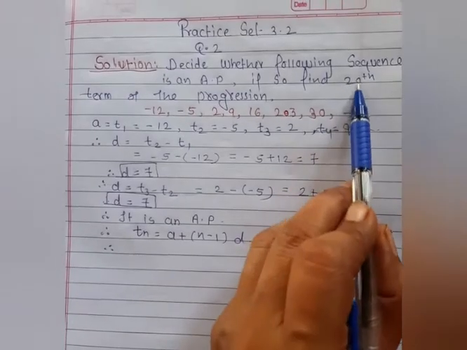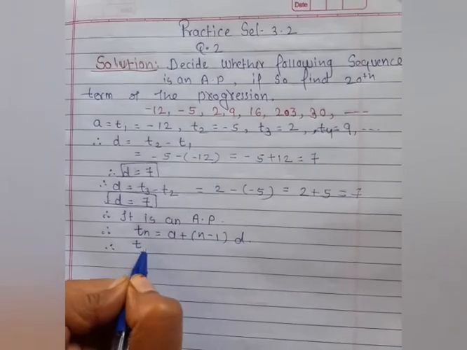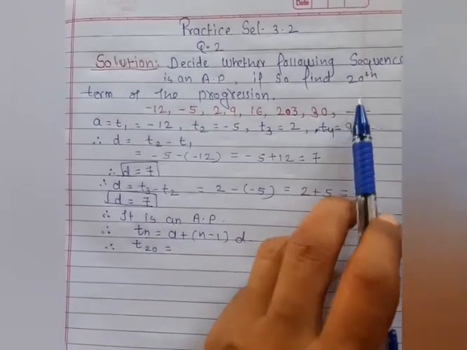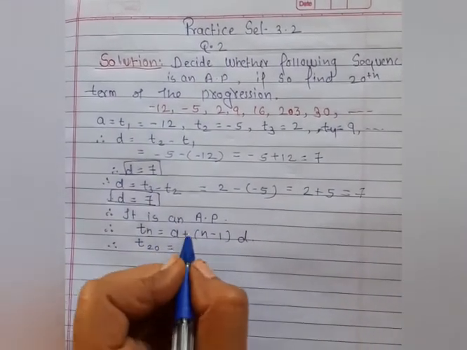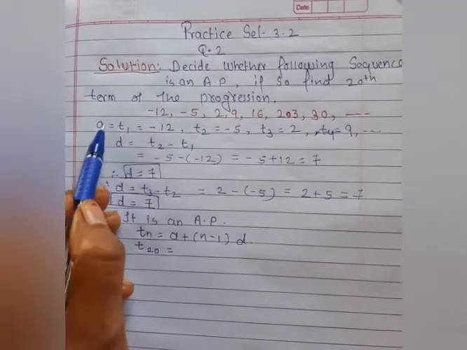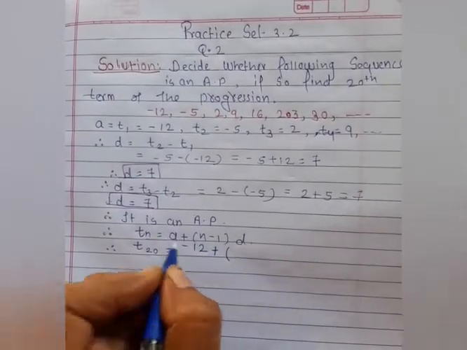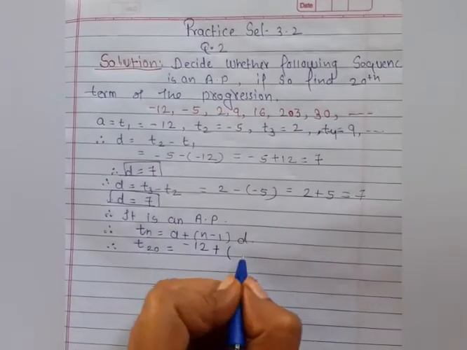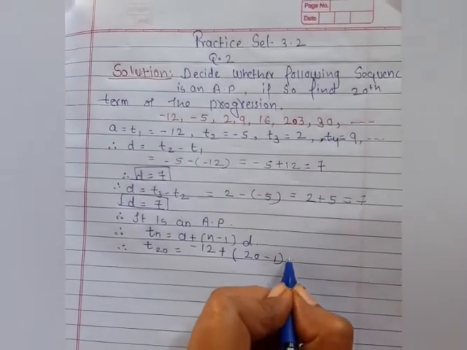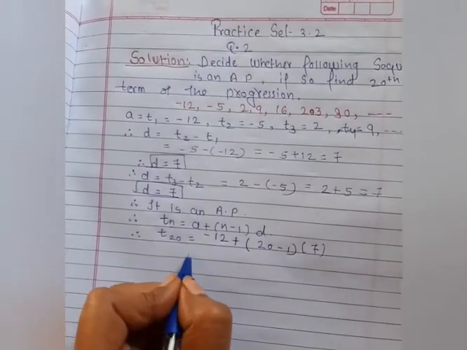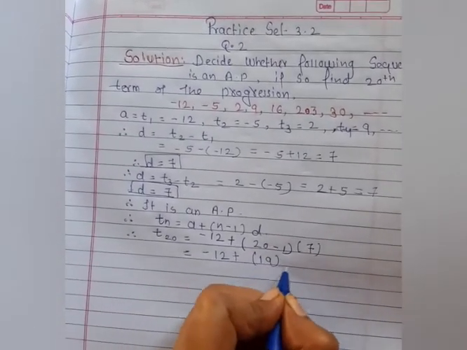Here we have to find the 20th term, so the value of n is 20. The initial term a is T1, whose value is minus 12, plus n minus 1, that is 20 minus 1, into the difference we got, that is 7. So when we calculate this, minus 12 as it is, 19 and 7.